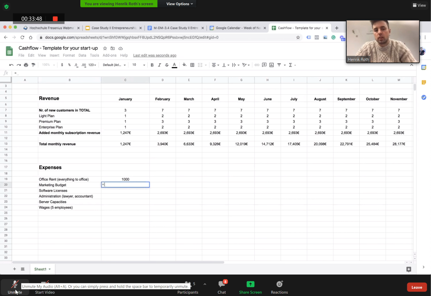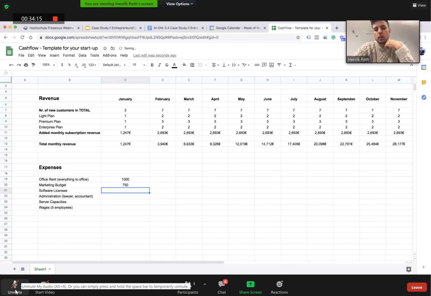So let's say I'm always working with cost per customer. In B2B, because we have here a software in B2B, the customer acquisition cost, so how much does each new customer cost us? Let's say for this case here, it's 250 euros. So if we're gaining 3 new customers, we pay 3 times 250 euros.